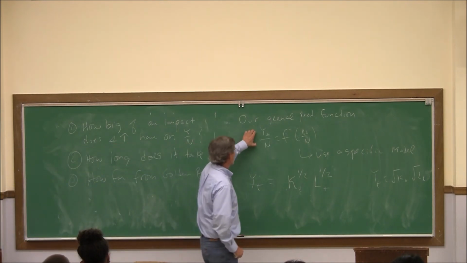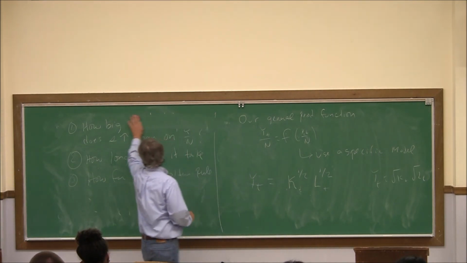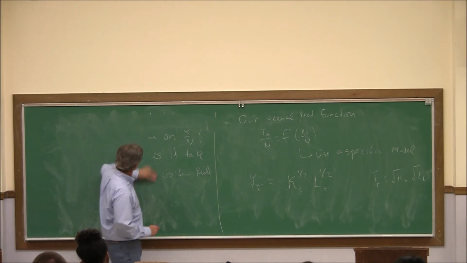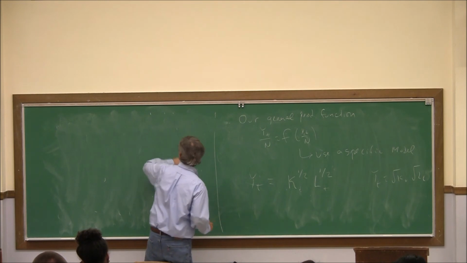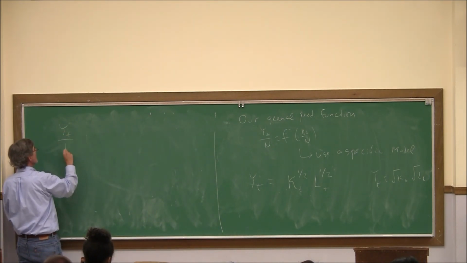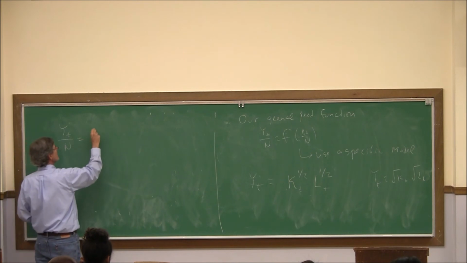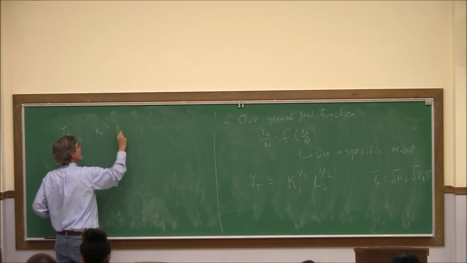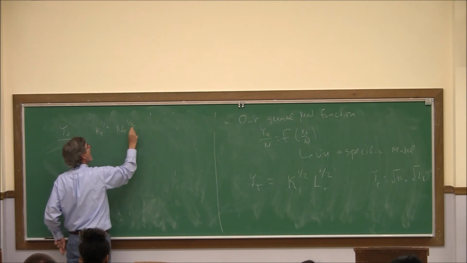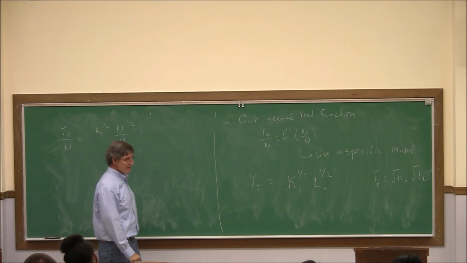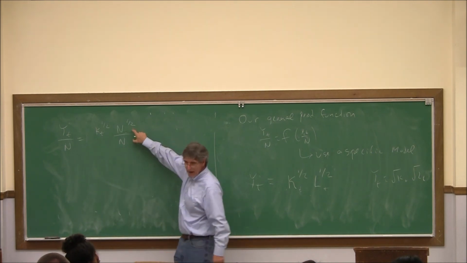Then we need to get it in this form, so we'll divide by n. So Yt over n is kt to the 1/2 nt to the 1/2 over n. I guess we aren't putting t's on those.